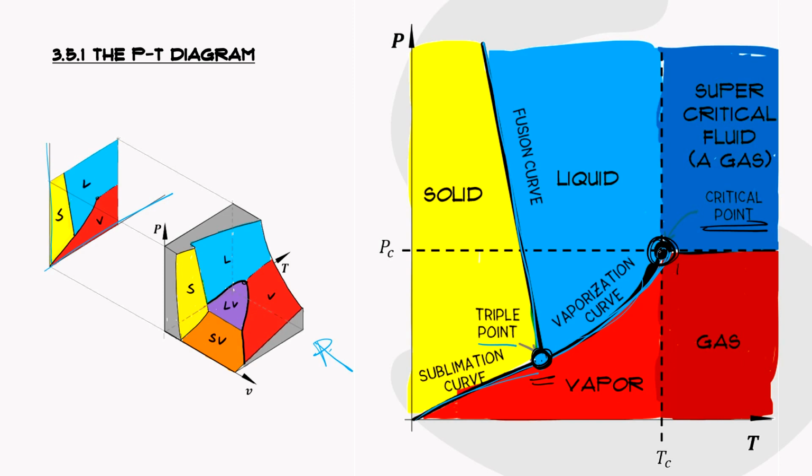The pressure corresponding to this critical point is the critical pressure, and the temperature corresponding to it is the critical temperature. Beyond the critical pressure and temperature, the region of the substance is what we call a supercritical fluid, because there's no distinction between a liquid and a gas. Okay, so that's beyond this critical point.